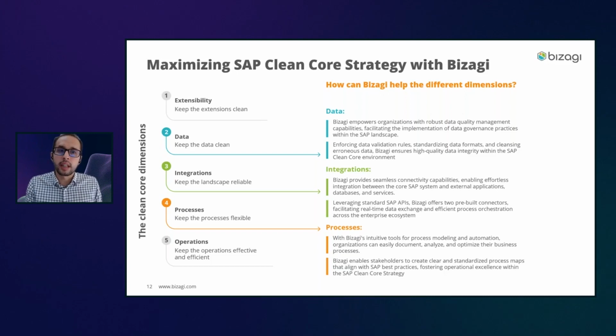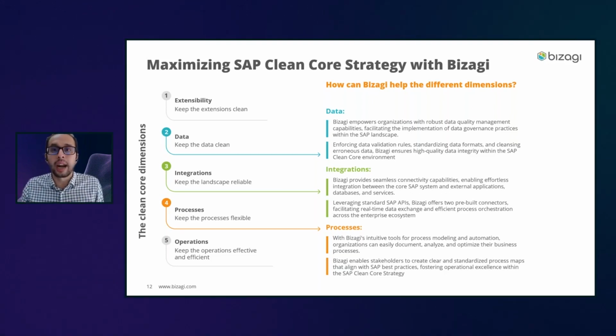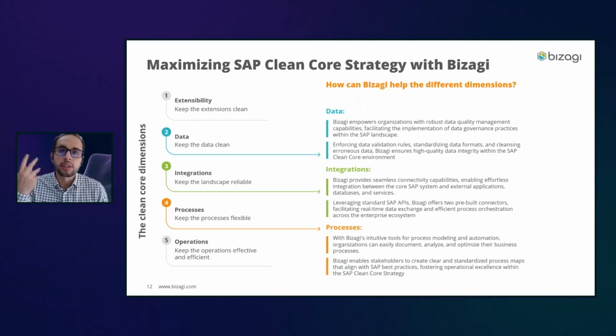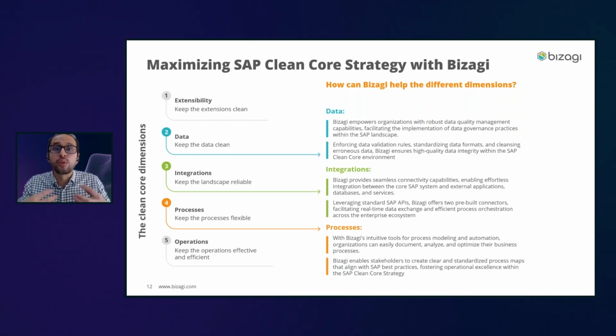However, in general, to start aligning and having a clean core strategy in your SAP, you can focus on 5 different dimensions, right? The extensibility, data, integrations, processes, and operations. In general, Bizagi offers different capabilities within the platform that support these different dimensions.